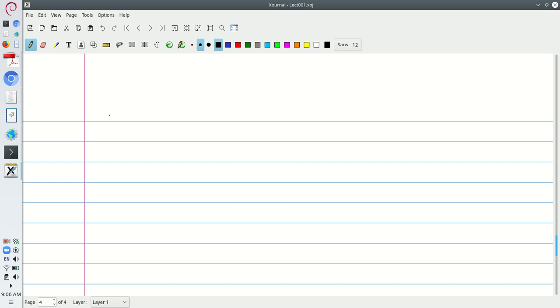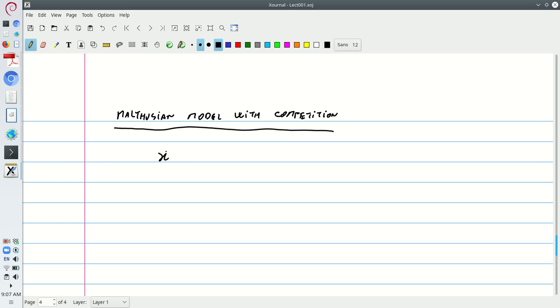As an additional example, let's also consider the improved version of the Malthusian model, that is the Malthusian model with logistic, or with competition, as we have called it. That, as we saw, was given by an equation of this form.